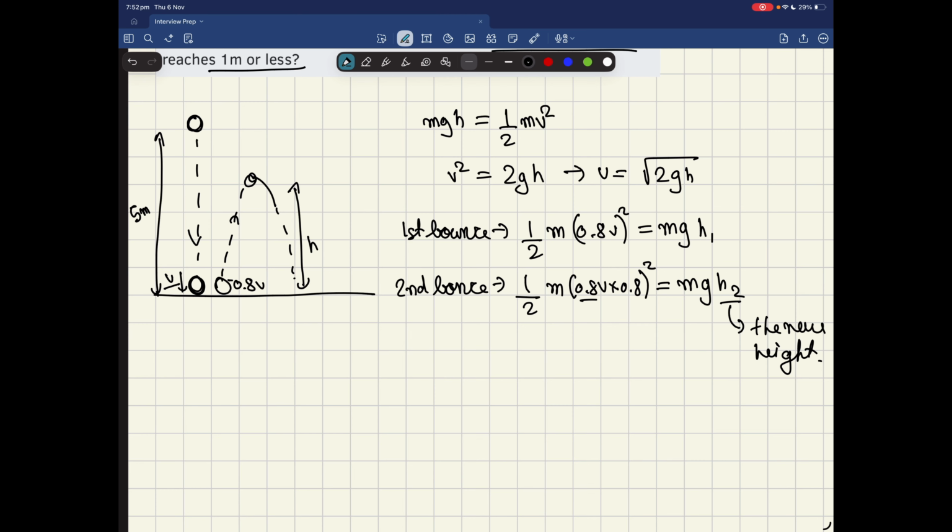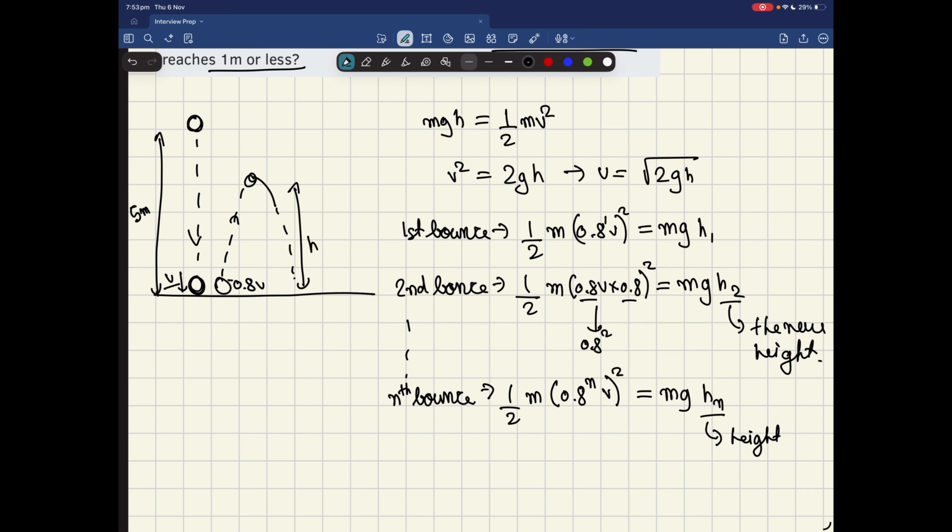Now we can sort out our pattern. So in the first bounce, it was 0.8 to the 1. In the second bounce, it's 0.8 squared. So in the nth bounce, it would be 1 over 2 m (0.8 to the n v) squared equals mghn, where hn is the height after the nth bounce.